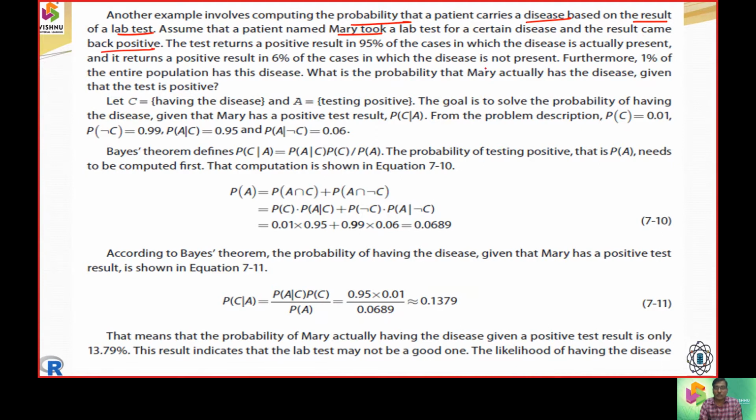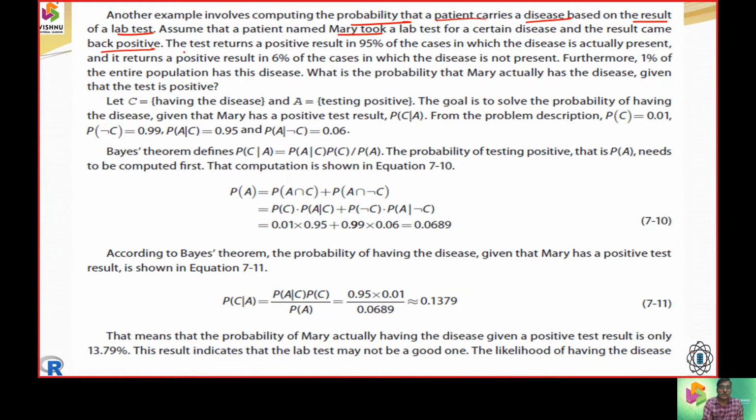Let us compute whether the patient is going to have the disease or not. Even if the lab reports are done, we can't exactly say that the person has a disease. So let us check this scenario.